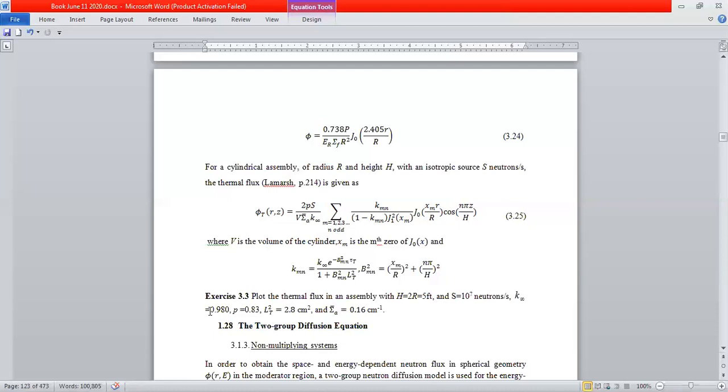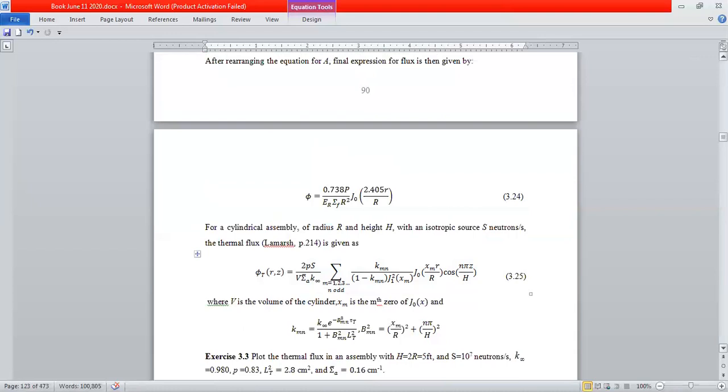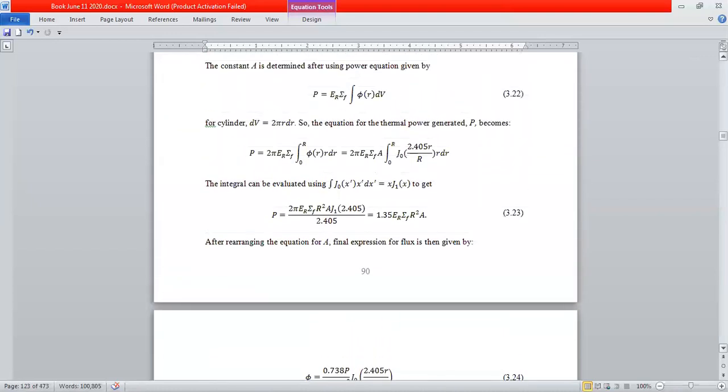So in exercise 3.3, what I want you to do is plot the thermal flux. And here's what it's going to look like. Now, what do you think it's going to look like? So the Bessel function is nicely behaved. Cosine is nicely behaved. Where's the maximum of this? You know where the maximum of cosine is. It's at z equal to 0.